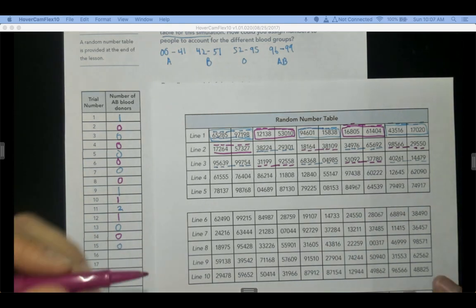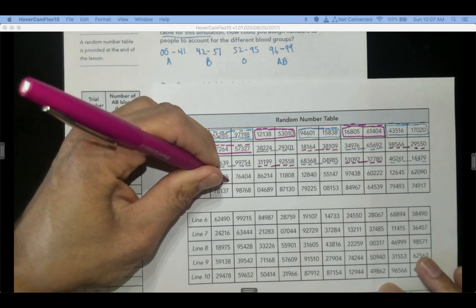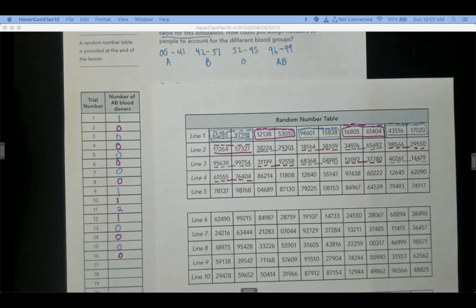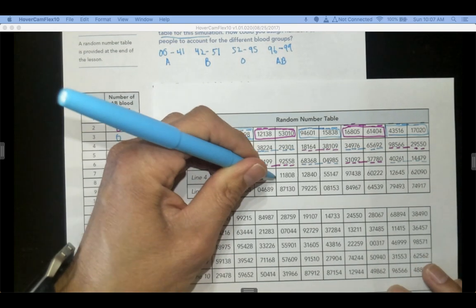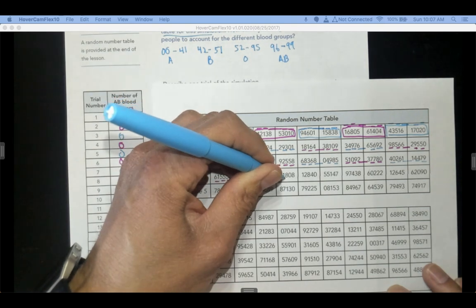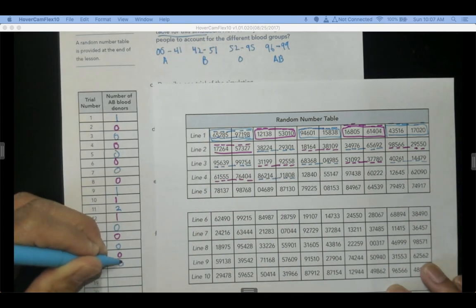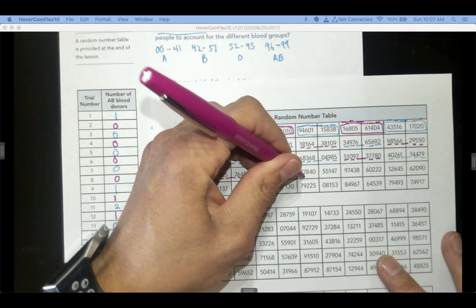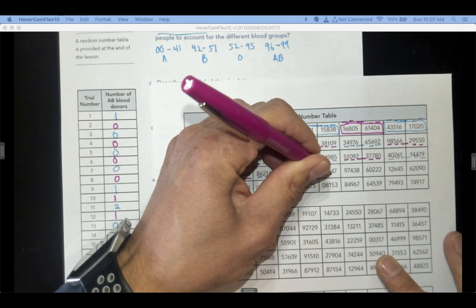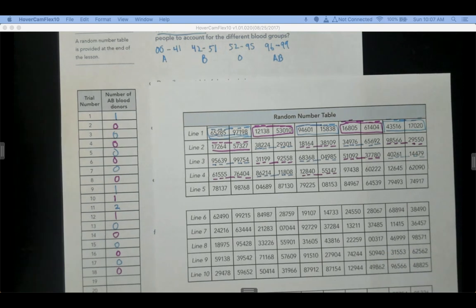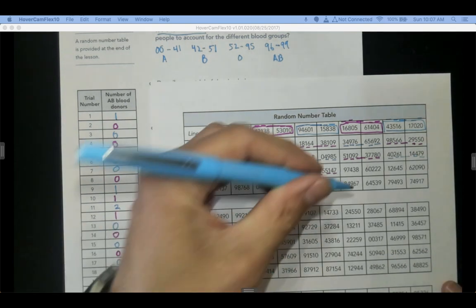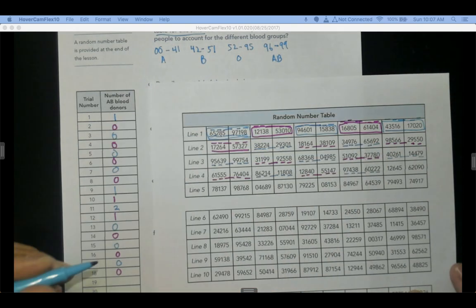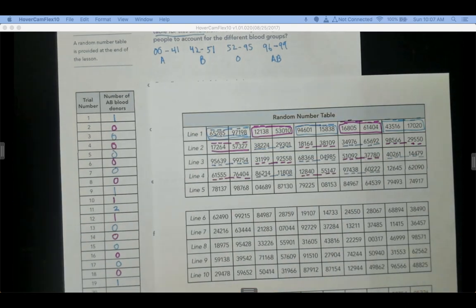Line 4. 61, 55, 57, 64, 4, 0 are AB donors. 86, 21, 41, 18, 8, 0 are AB donors. 12, 84, 5, 51, 47, 0 are AB donors. 97, 43, 86, 2, 22, 1 is an AB donor.